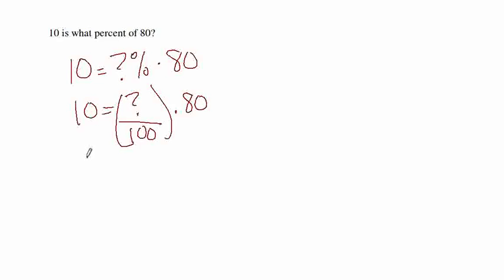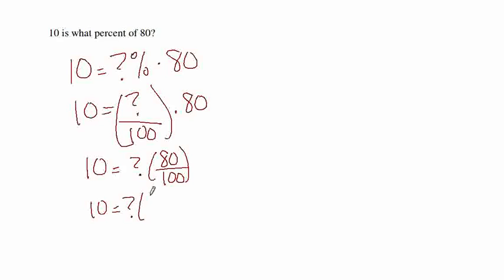All right, but dividing by 100 and multiplying by 80, that's the same as multiplying by 80 over 100. Or after I reduce the fraction, it's the same as multiplying by 8/10 or 4/5. Okay, so mystery number times 4/5 is equal to 10.